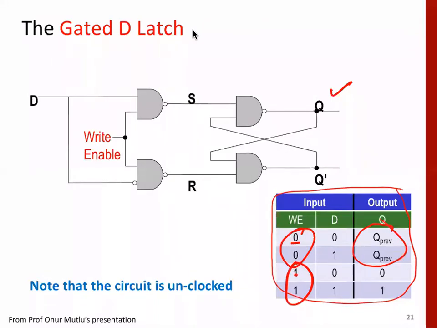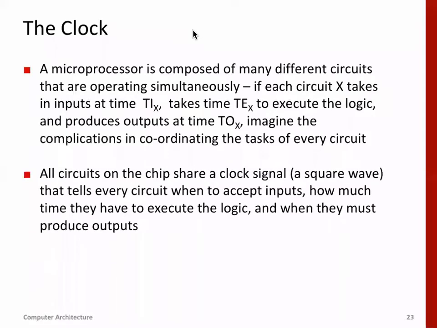So when write enable is 1 and input is 0, then output is 0. Write enable is 1, input is 1, then output is 1. So it's quite simple. Now note that this is still not clocked, it's unclocked. We use the write enable signal, and we have seen that this can result in certain problems that we'll discuss very shortly. Before that, the concept of clock: note that processors without a clock are not possible to design.